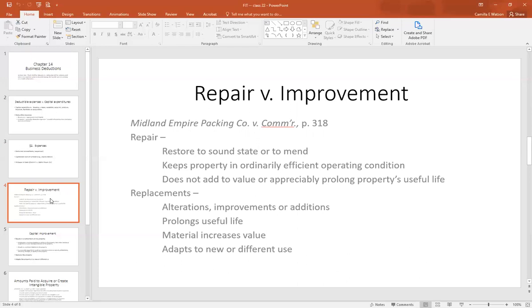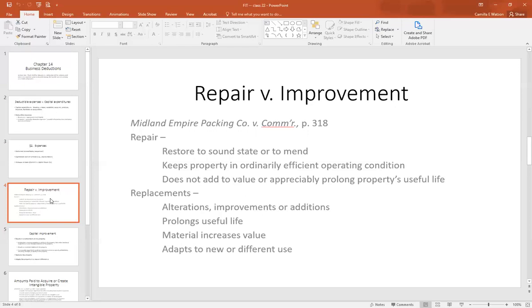The taxpayer there incurred a significant expense in lining the basement of his packing company in concrete to prevent oil seepage from a nearby refinery. The taxpayer used that basement to cure hams and bacon and to store meats and hides. The taxpayer claimed this expense as an ordinary necessary repair expense, but the service challenged it as a capital improvement that was not deductible, but instead had to increase the basis of the building.